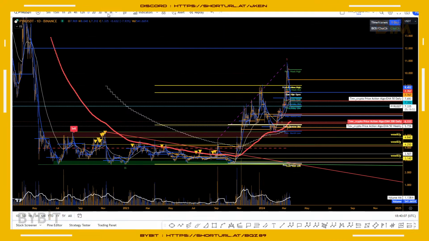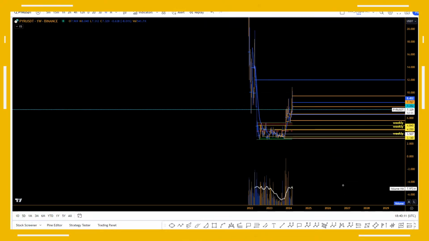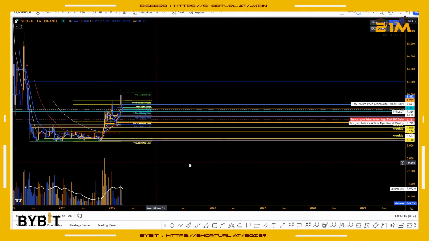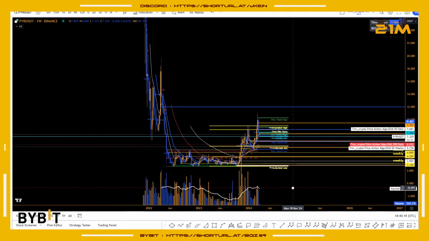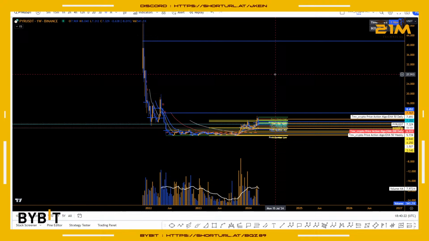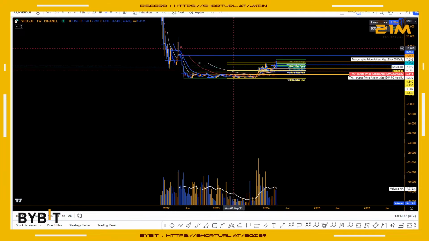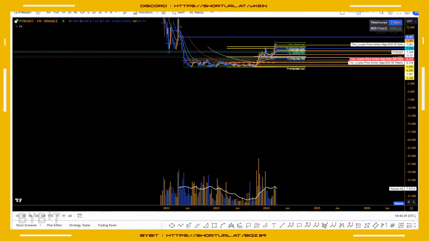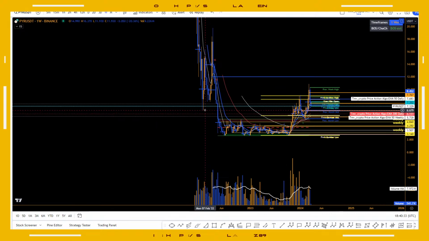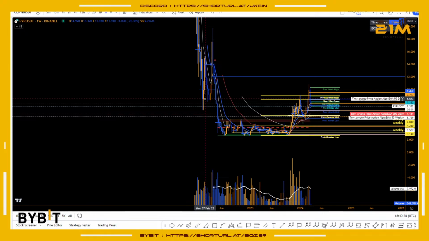Now if you look from the perspective of the weekly time frame for PYR, if you really want to see PYR reverse from here or run back up towards maybe 20, picking up the highs where it left around $53, we really want PYR to flip weekly above the level of $8.5.